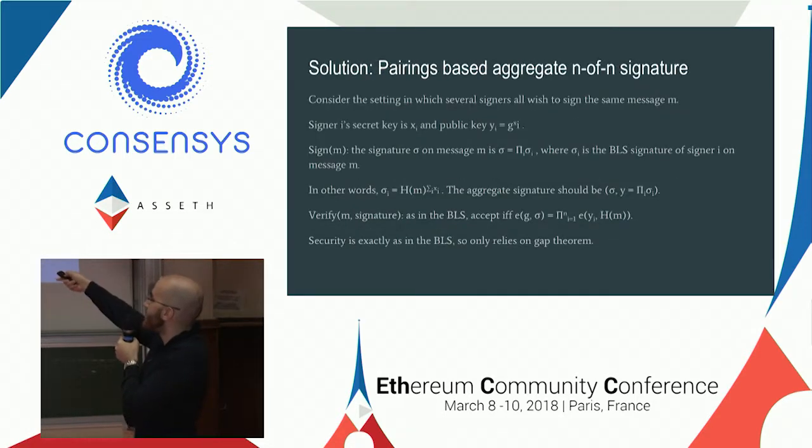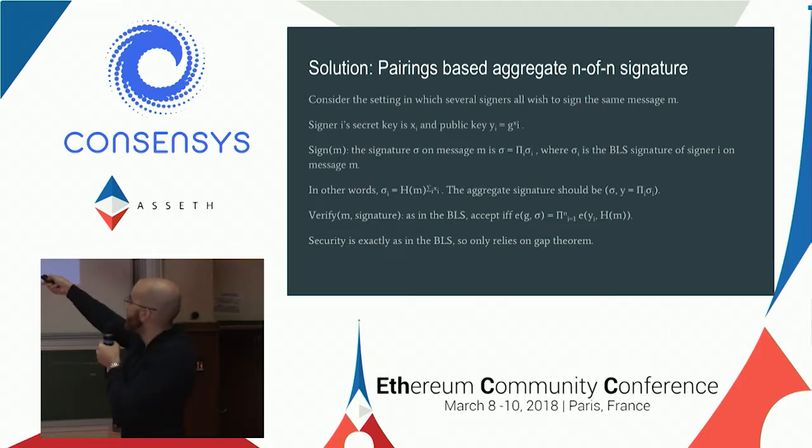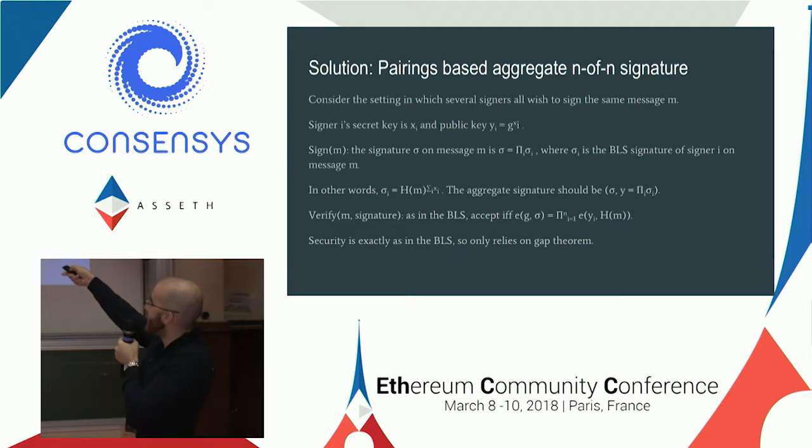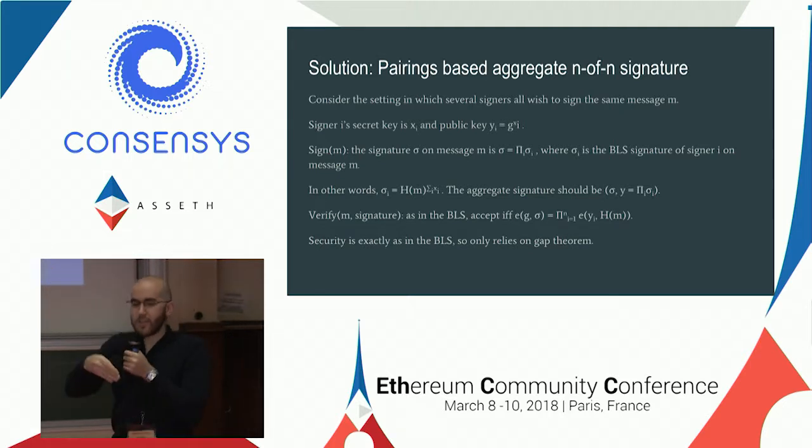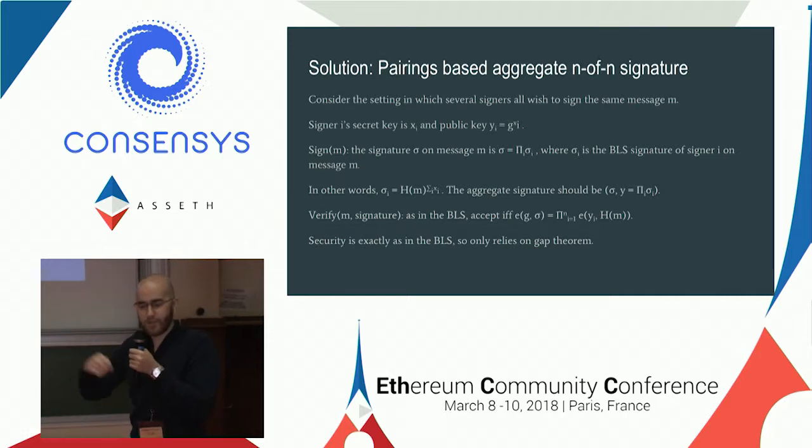Right, so now we know that each individual signer's signature is created by h(m) to the x. If you don't have the mathematical background, the aggregate signature is simply all of the individual signatures from each participant multiplied together, right? Remember, we couldn't do this.